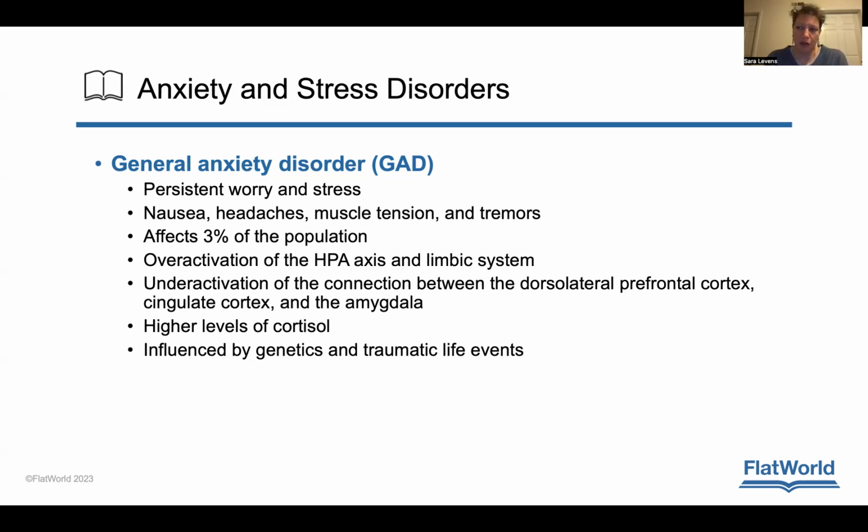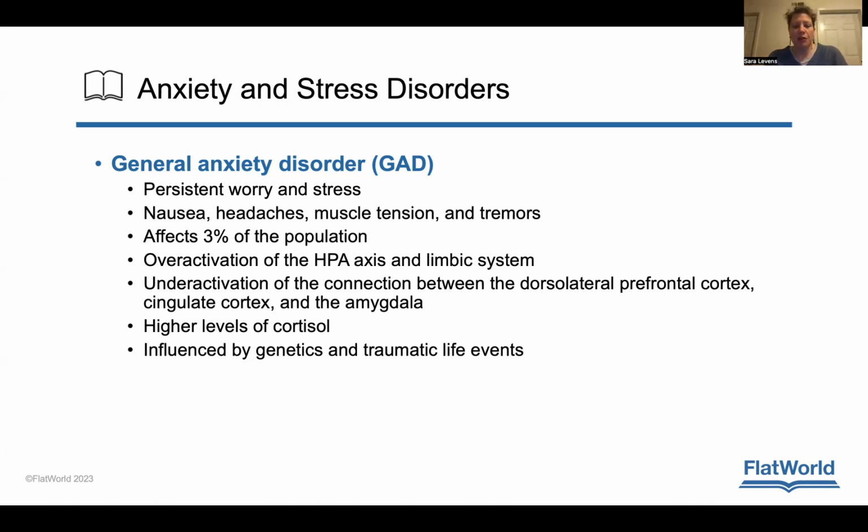There's a lot of fear and anxiety that are basically very related. And so you can see how hyperactivation of the amygdala would make it harder for the cingulate cortex and the dorsolateral prefrontal cortex to downregulate some of that heightened activity.